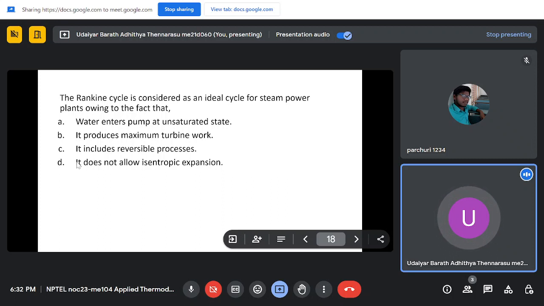A, water enters pump at unsaturated state. B, it produces maximum turbine work. C, it includes reversible processes. D, it does not allow isentropic expansion. I think just seeing 'ideal', we would have gotten a fair idea what the answer should be.